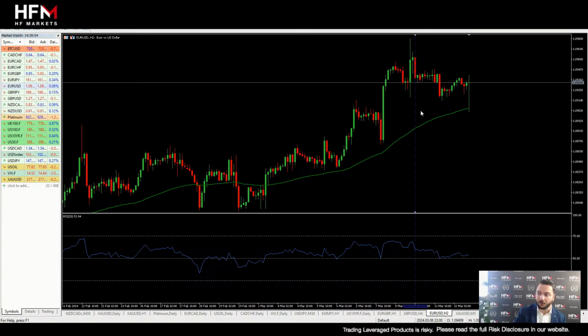Now, the other thing for us in terms of this setup is that we're above the 75 bar exponential moving average. So if we're above the 75 bar, it's indicating buyers are controlling the market. So you can see since we've been above, we originally were above, ladies and gentlemen, since the 1st of March.